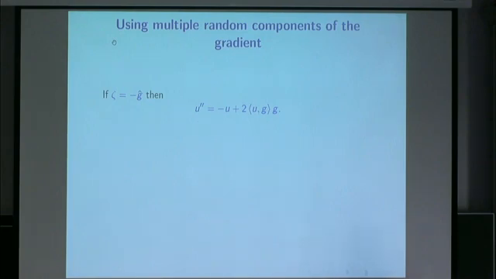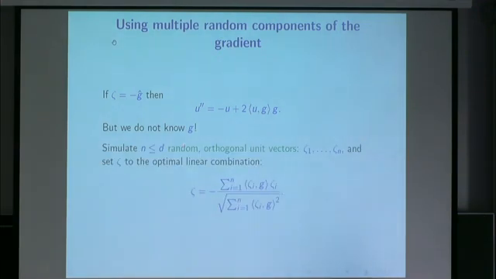Well, but we don't know g. All right, so I can't do that. I don't know the full gradient because I don't want to evaluate all d components of it. Well, instead of one zeta, I can pick a bunch of random zetas. Maybe I have 25 dimensions, I could use 5.